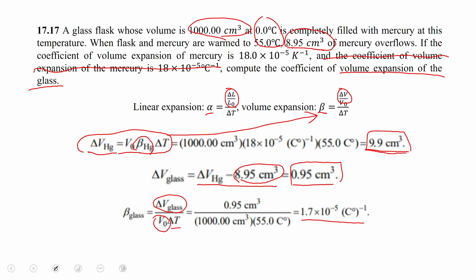So I think this formula is not difficult to understand. If you just write down this formula and figure out how many parameters you already know, in this case we find that we can solve the change of the volume for the mercury first. So we solve it. Then let's figure out what the volume change for the glass flask is. Then we use this formula again, and we get the coefficient for the glass.